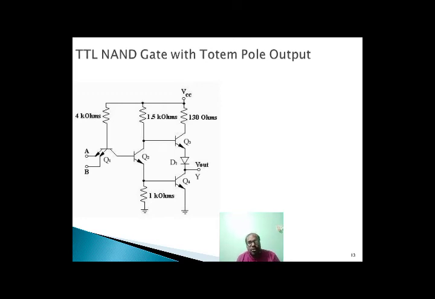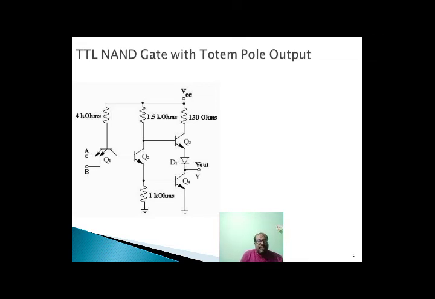As a result, Q4 is turned on by Q2, producing a low output which is near ground potential. At the same time, the collector of Q2 is at a sufficiently low voltage level to keep Q3 in off condition.